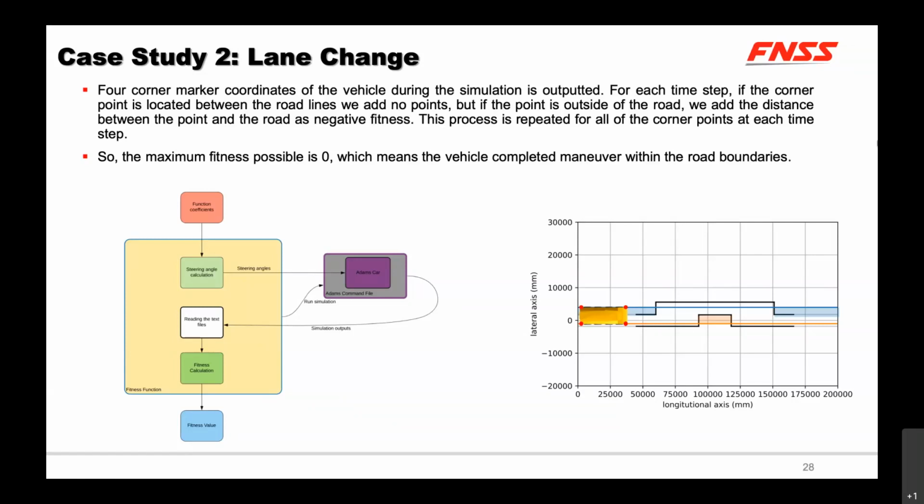But if the point is outside the road boundaries, then it gets a negative value of how far away from the road it is. So the negative values indicate that we are out of the road boundaries, and 0 indicates that we did the maneuver without crossing the borders.